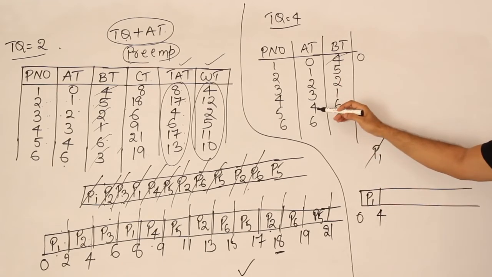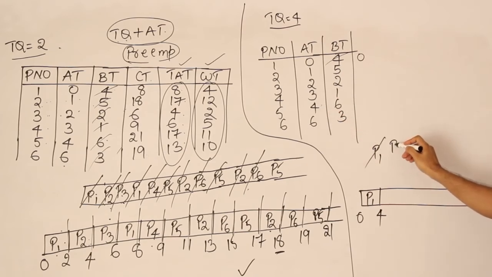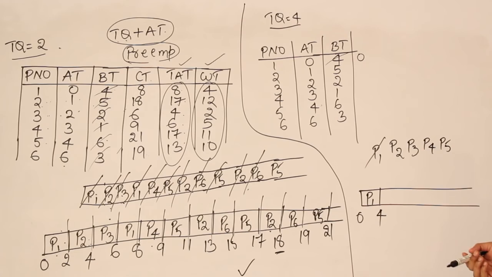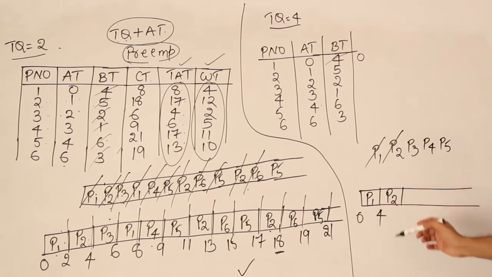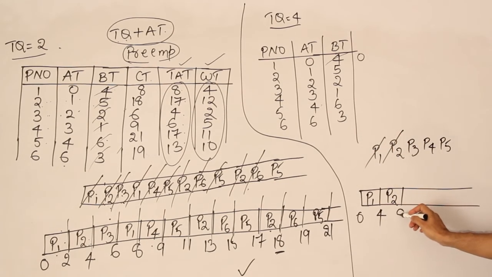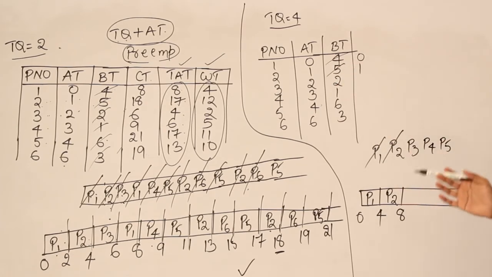By time 4, what are the other processes which became available? P2, P3, P4 and P5. All these processes became available. Now which one should you schedule next? P2, right? So next P2 has to be scheduled and it could run for 4 units, which means till 8 it could run, and therefore only 1 unit is remaining for it for the next execution.